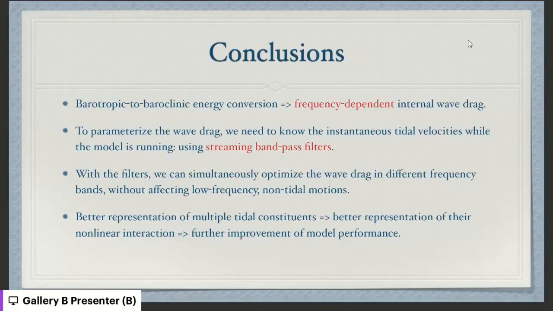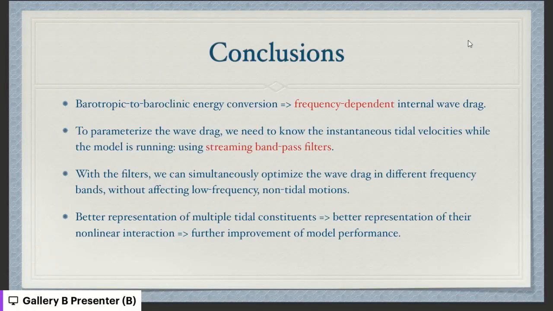So the conclusion from this work is that in global ocean models, in order to correctly represent the barotropic to baroclinic energy conversion, we need to consider the frequency dependence of the internal wave drag. And this can be done by using the streaming bandpass filter to determine the tidal velocity.